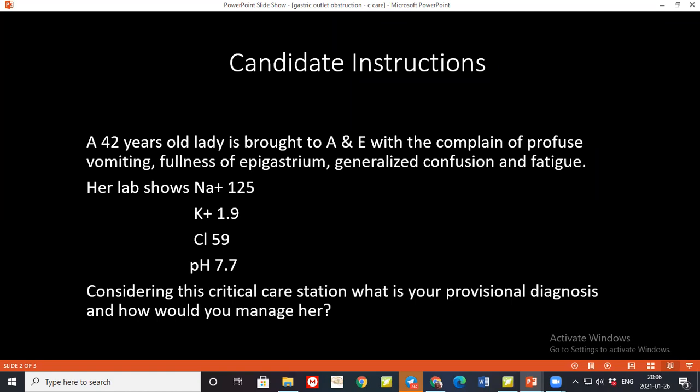For how long? That's what I'm asking. Ma'am, you should resuscitate the patient for at least 24 hours. Okay, so within 24 hours you think you can manage the patient and the patient will be fit for surgery. If his urea and creatinine become normal and come to the baseline. Very good. Okay.